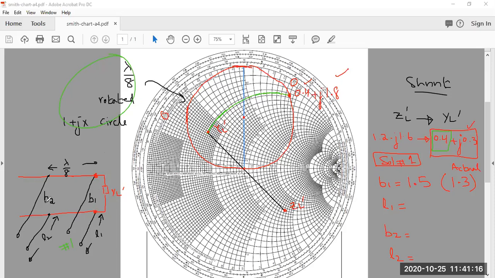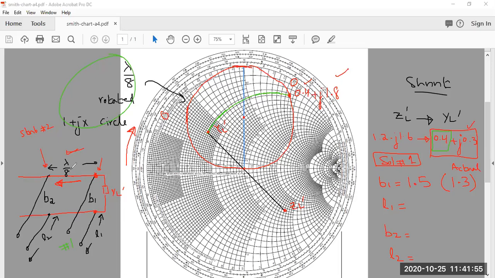Now you can see, in order to reach stub number two, which is our stub number two position, we have to travel a distance equal to lambda by 8 towards generator. And you already know that towards generator means I have to move in the clockwise direction on the Smith chart. Now, how to travel lambda by 8 distance is also an important point.